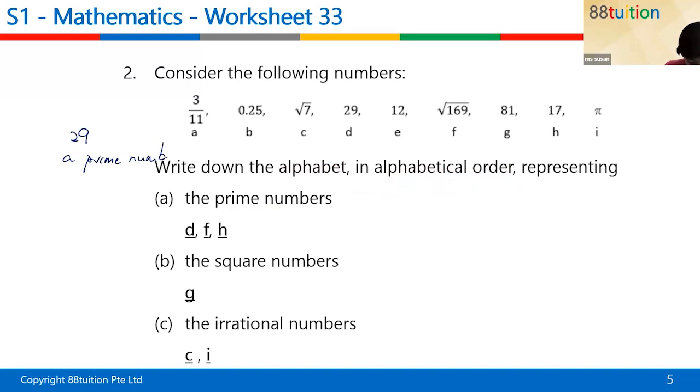Can you remember when you actually did this before in the earlier topic? We call it the prime number test. How to test for it? Let's take a look at this.